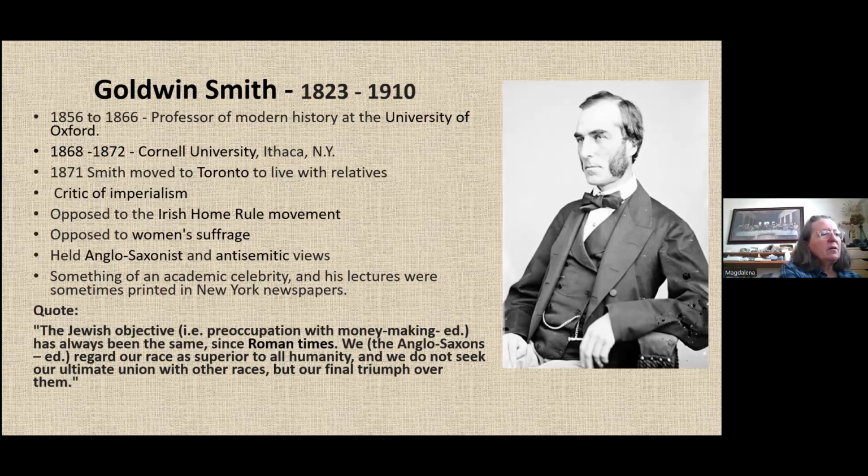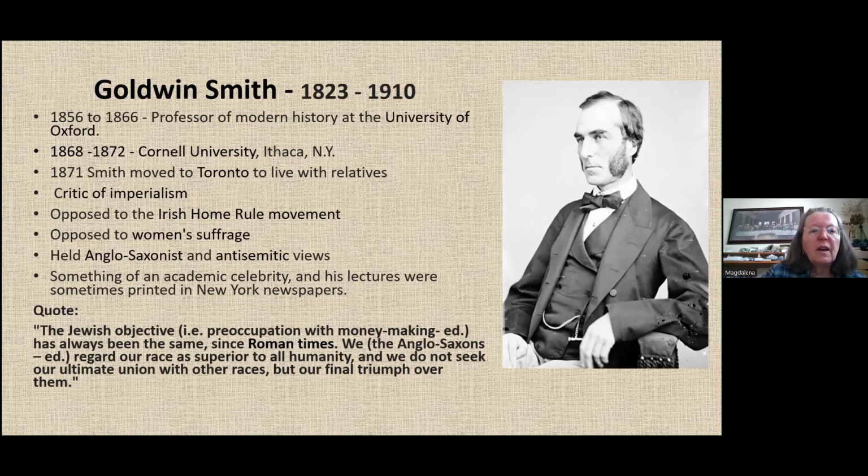So I've gone in detail through the mindset, the ideology that was pushed in the 19th century in the Americas and Great Britain. This superiority of the Anglo-Saxon Teutonic race.